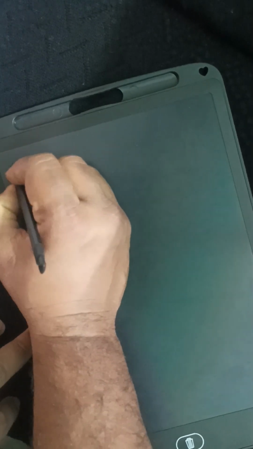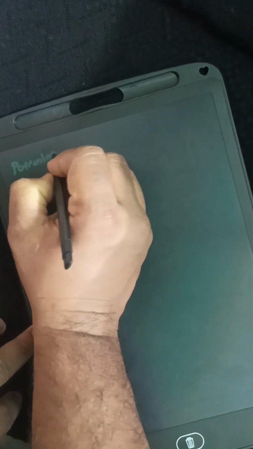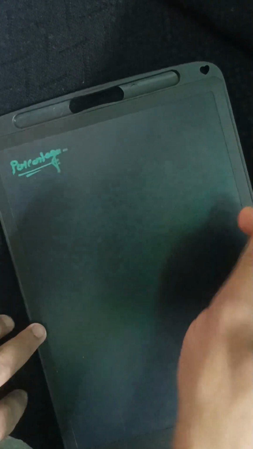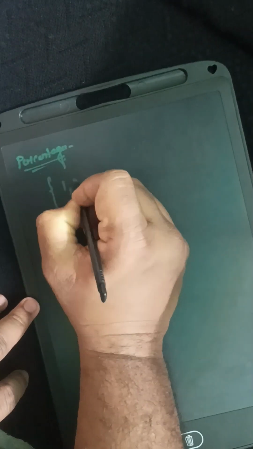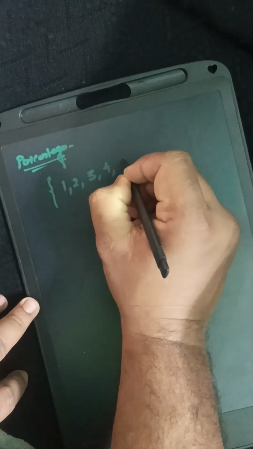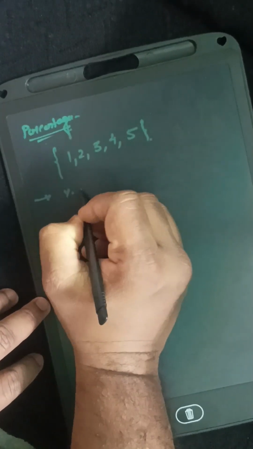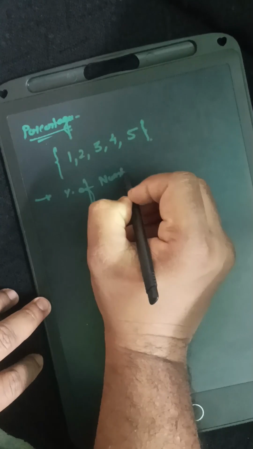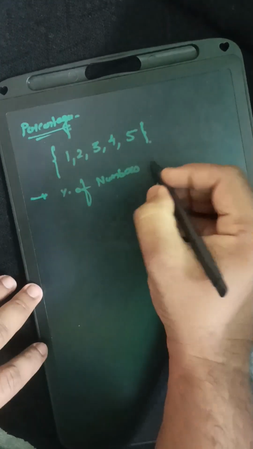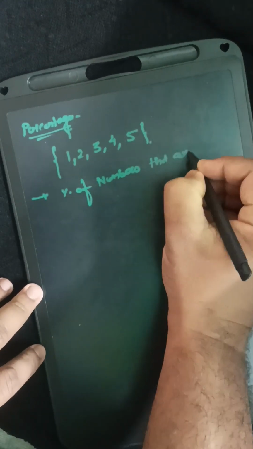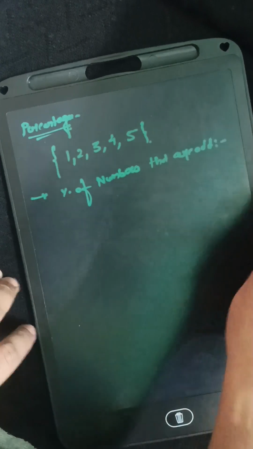So first of all, let's see percentage. I think we all know how to calculate percentage. If we have a data set 1, 2, 3, 4, 5, now calculate the percentage of numbers that are odd in the above data set.